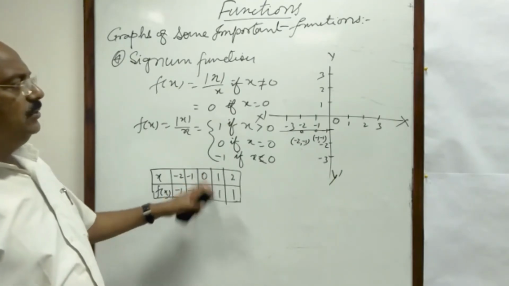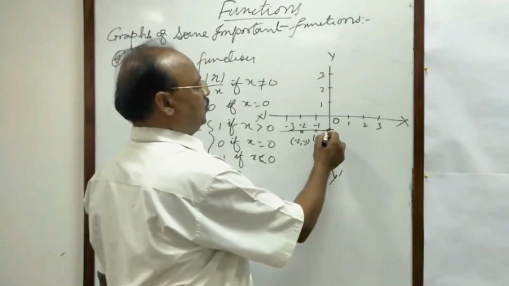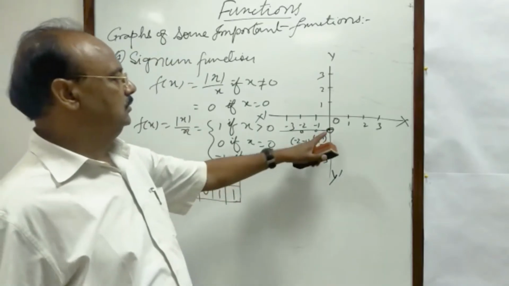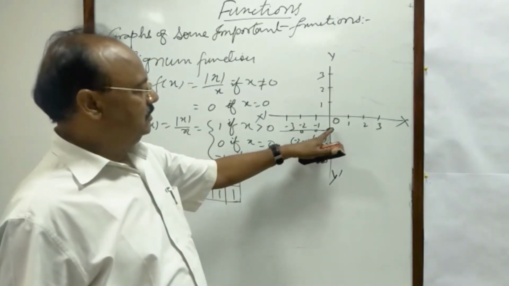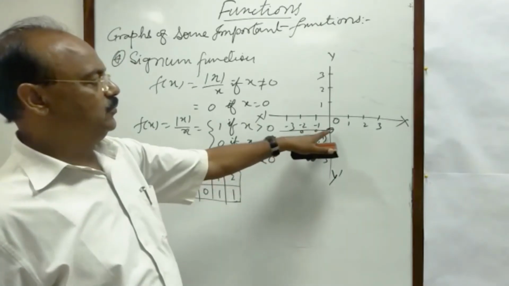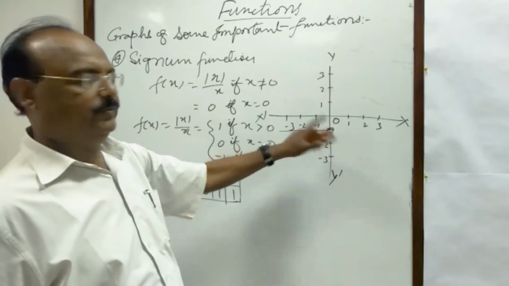And the point is (0, 0), so we have to exclude this point, because (0, -1) is not a point here, so this point will be excluded. So there will be an open interval on this side.